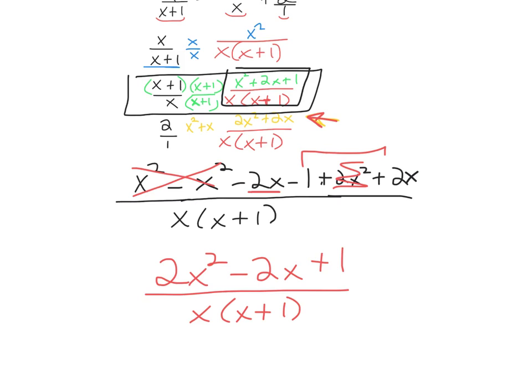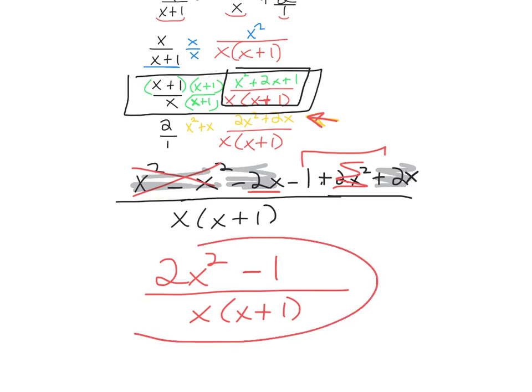So let me fix this. Not only did the first two x squareds cancel, this negative 2x plus 2x is also gone, leaving me with only minus 1. So this would be my final answer. I can't factor. The numerator is not the difference of 2 squares. So that one is finished.